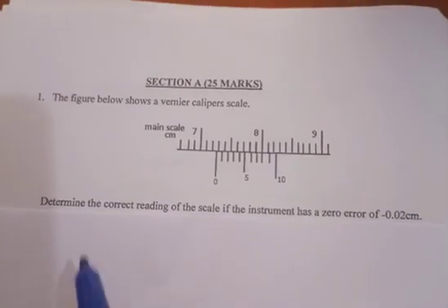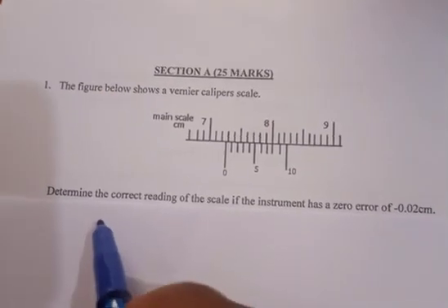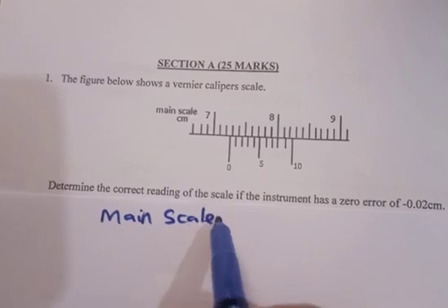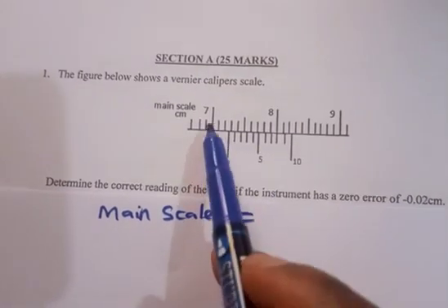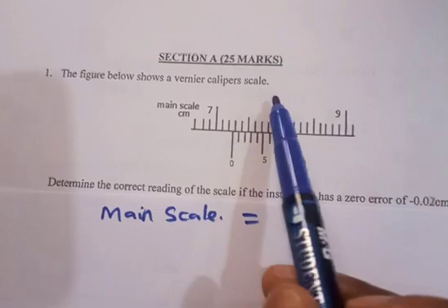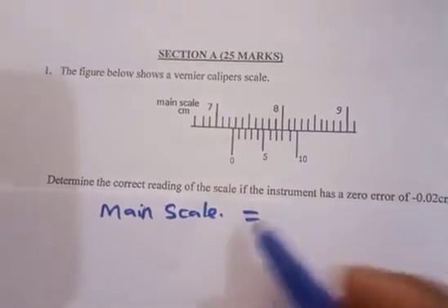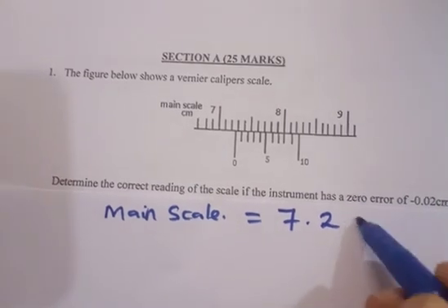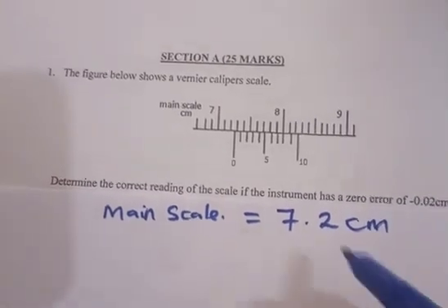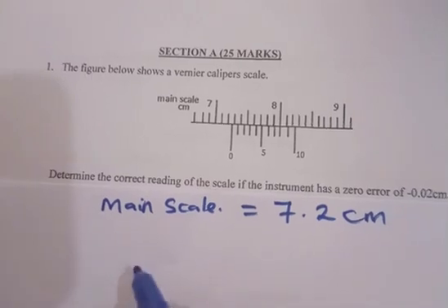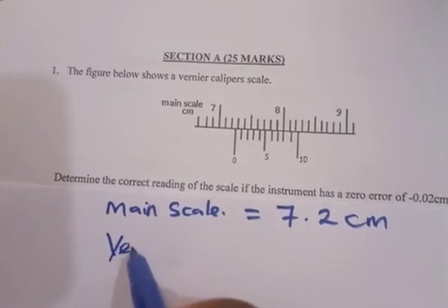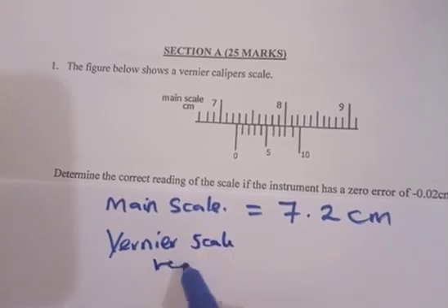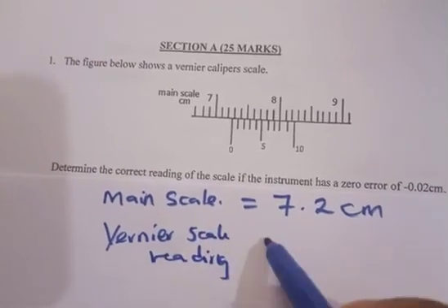So again we take the reading of the main scale, and in this case you can see the main scale is at 7.2. If you count the divisions from 7 to 8, we'll get 10 divisions. So one division represents 1. So 7.2 centimeters.